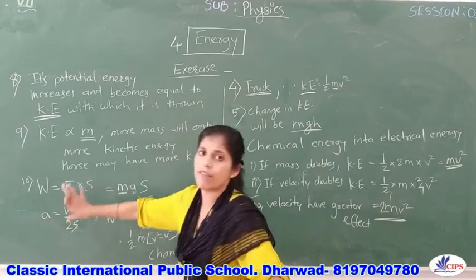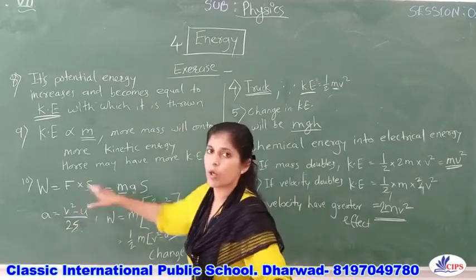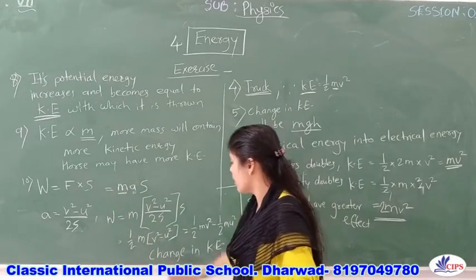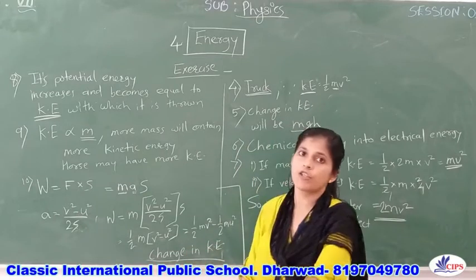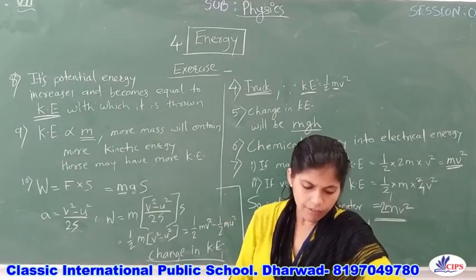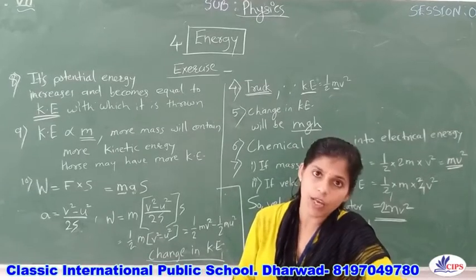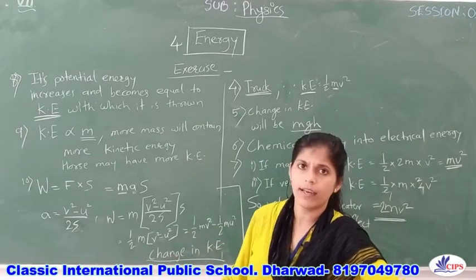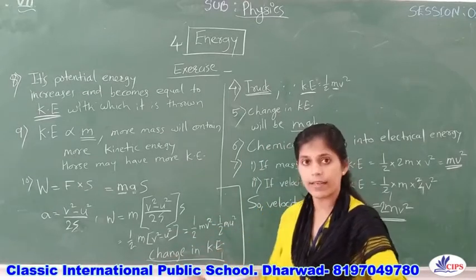This formula we have inserted into the basic formula, and we got this kind of answer which gives us change in kinetic energy. It means when you are changing the velocity, you are getting change in kinetic energy also. That has been proved from this equation. You can say it is the proof.